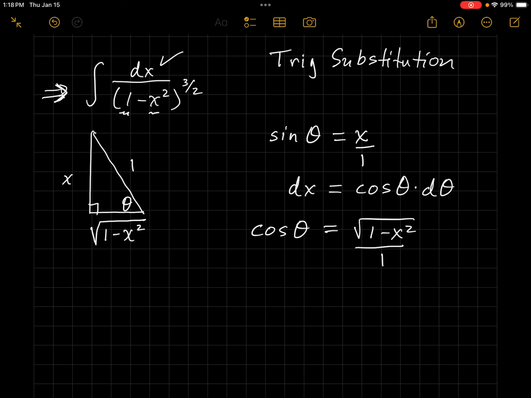That means that if I cube this, I get the denominator, which means I need to cube the left side as well. And then we can substitute in. So dx is cosine of theta d theta. The denominator is cosine cubed of theta.